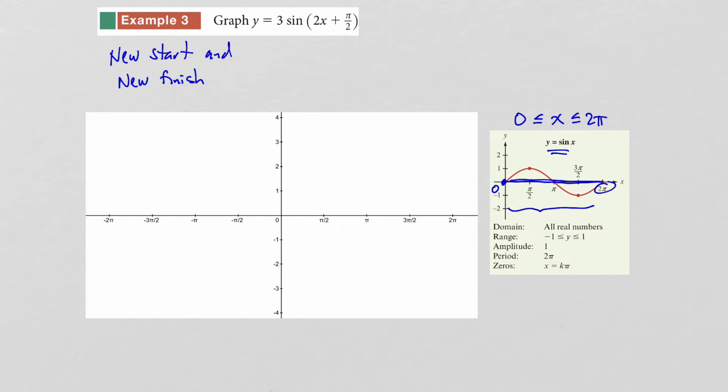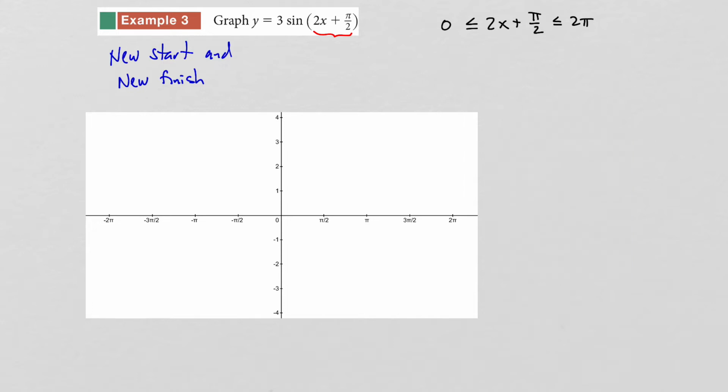To do this, all we need to do is instead of saying x is between 0 and 2 pi, we just take the expression inside the parentheses, which in this case is 2x plus pi over 2, and we set that between 0 and 2 pi. And then all you have to do is solve for x.